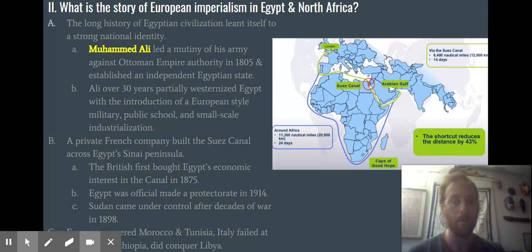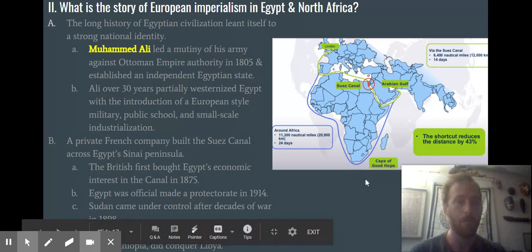They basically exploited the Egyptian people and their territory until they eventually gave them independence in the era past World War II. But it was decades of war and decades of control because of the evolution of this relationship.